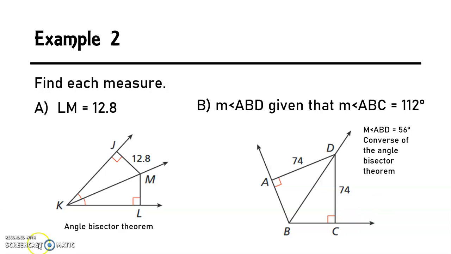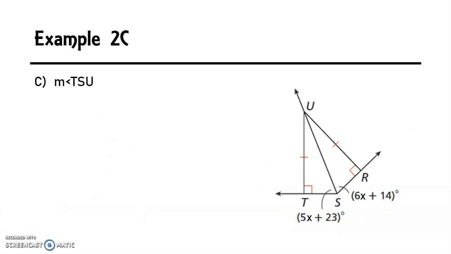We have one more example with this. Part C said they wanted you to find the measure of angle TSU. So TSU is this angle right here, and they've only given us an expression. Now, notice what they have given us. They've given us an expression for the other half of the angle, and they've told us that these two are equal.